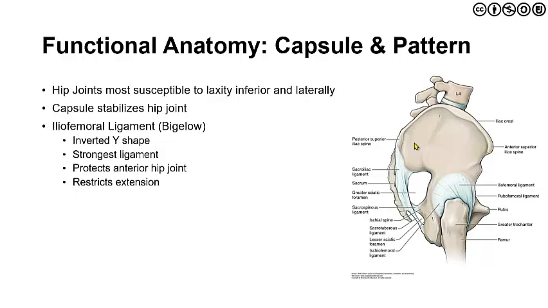Now, if that were to occur, keep in mind, if we're thinking about deep to superficial layers, just superficial to the hip joint itself are several structures that exist within our femoral triangle: our artery, nerve, and vein, so the AVN. Those would be susceptible to injury and certainly would need to be assessed and evaluated further.